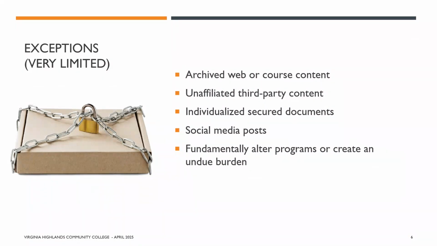Additionally, we are not required to take actions that would fundamentally alter our programs or create an undue burden. However, it's crucial to understand the specific conditions for these exceptions, as they are very restricted and they are not intended to be broad loopholes.